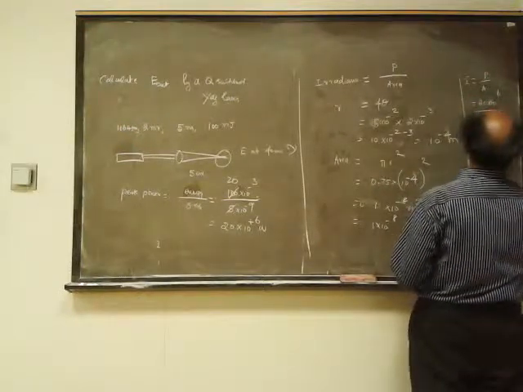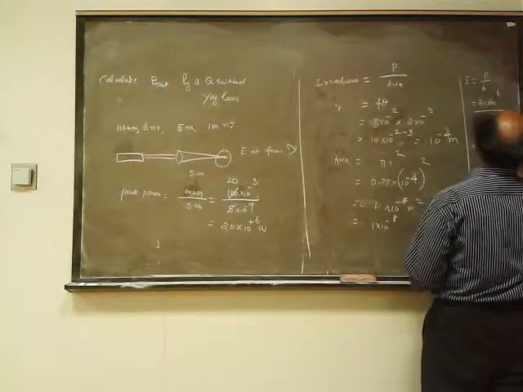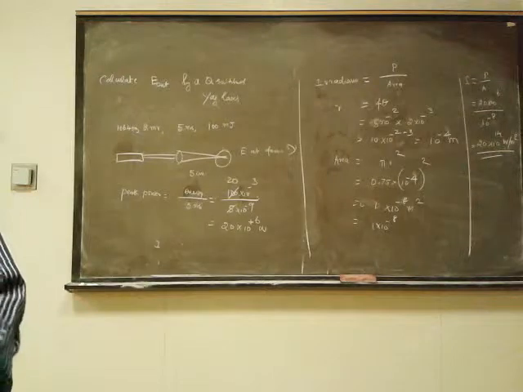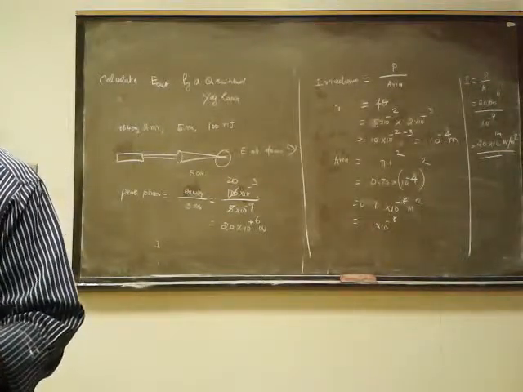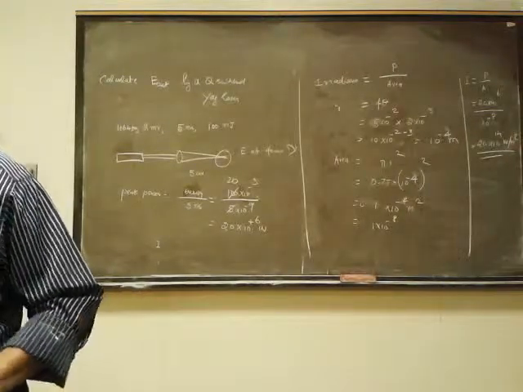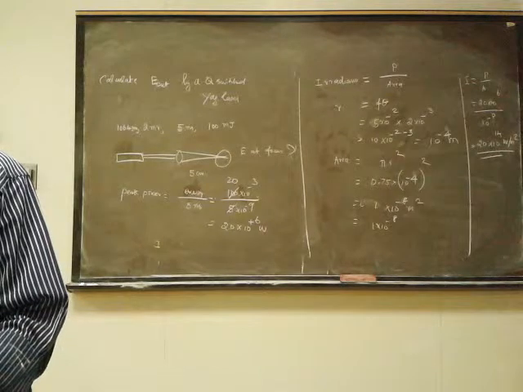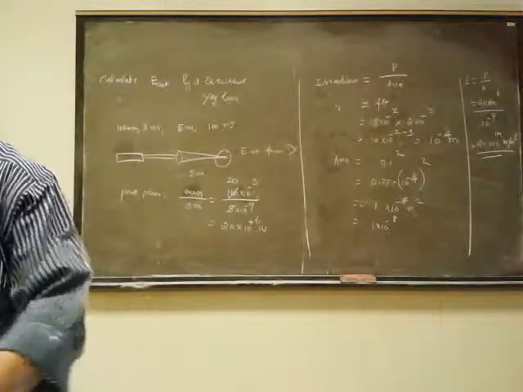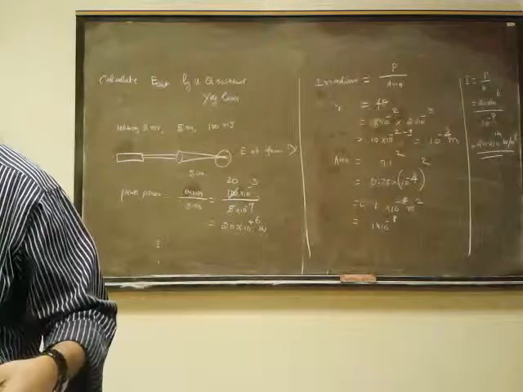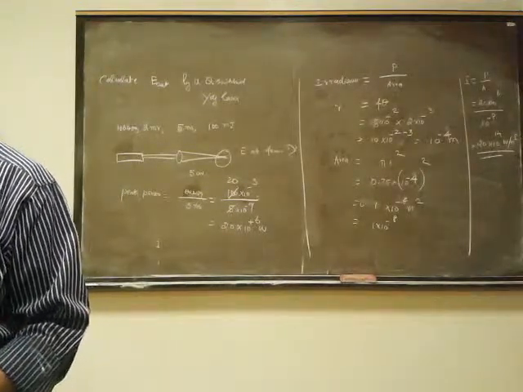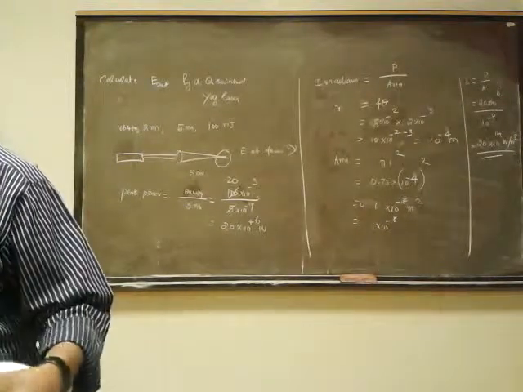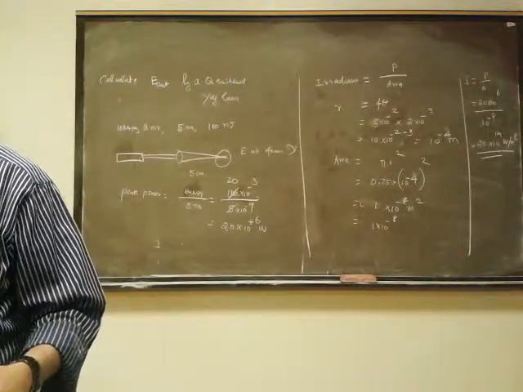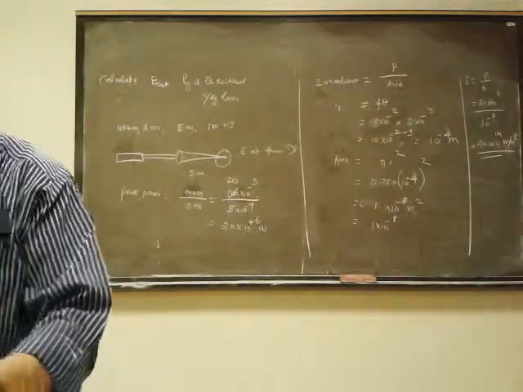So this becomes 20 into 10 power 14 watt per meter square.